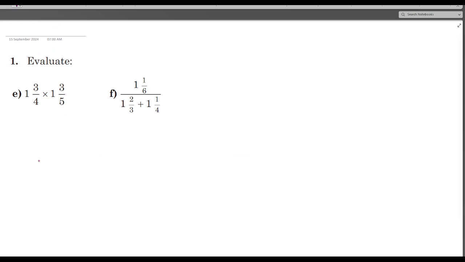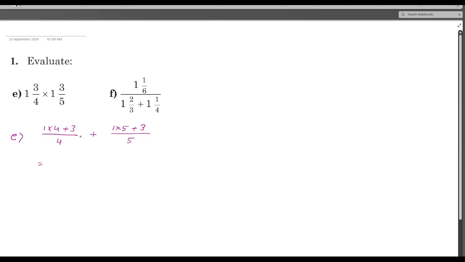Next we have to evaluate 1 3 by 4 plus 1 3 by 5. So this mixed fraction, I will first convert it into proper fraction. So here it will be 1 times 4 plus 3 divided by 4, plus this will be 1 times 5 plus 3 divided by 5.